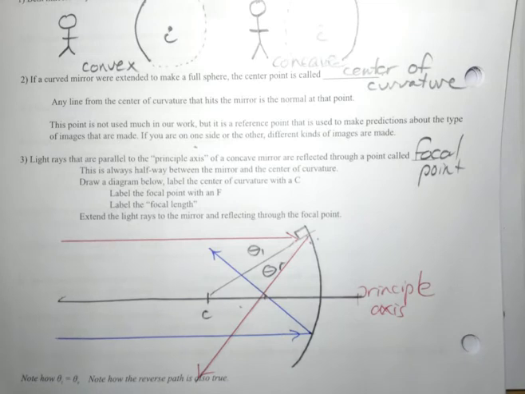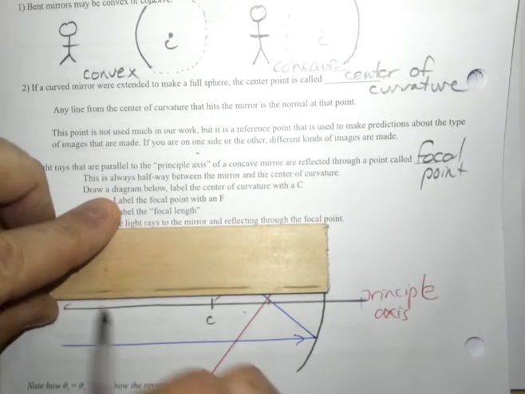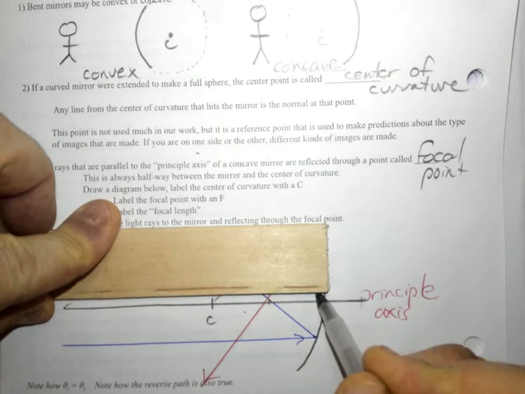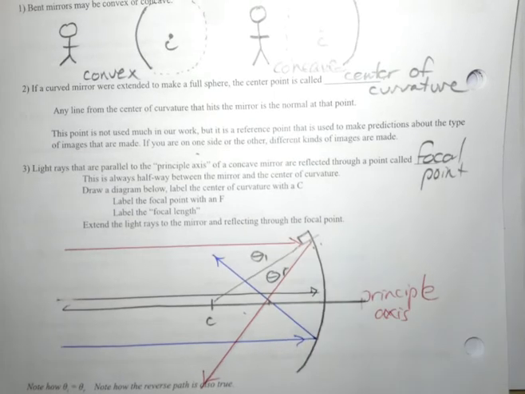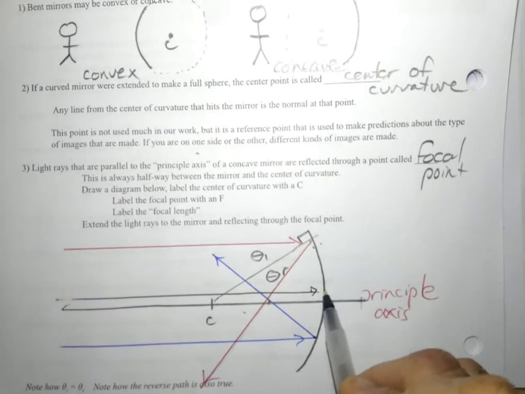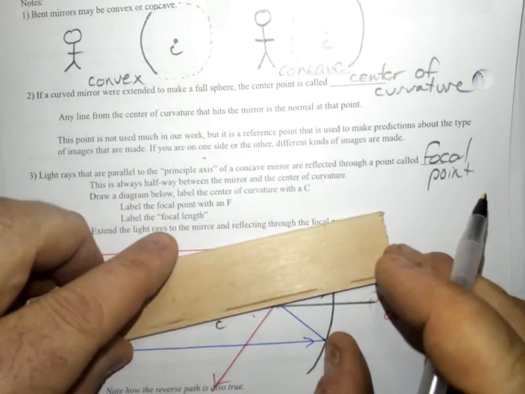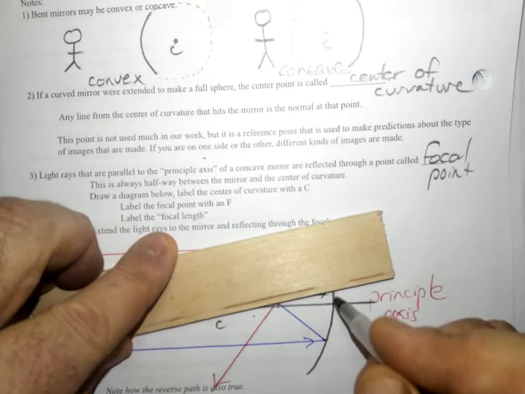And let's do one more line. Let's do it really close to the axis. This one is going to have a different normal, a different radius that hits the mirror. So it's going to reflect at different angles. But the angle that it reflects at is going to send it through, guess what?